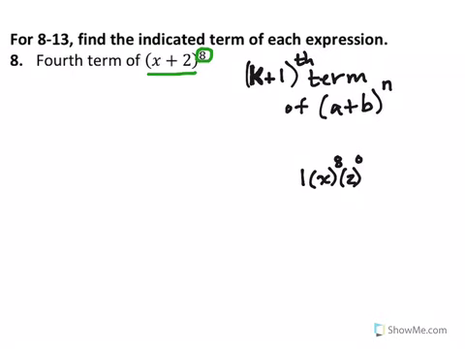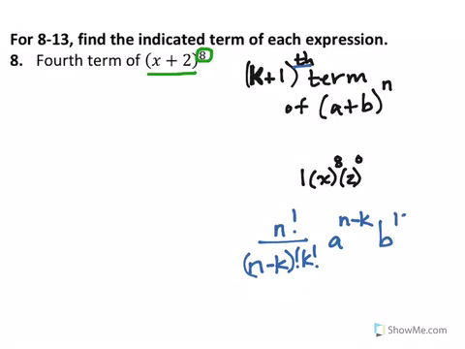The (k + 1)th term of (a + b) raised to the n is going to be n factorial over (n minus k) factorial times k factorial, times a raised to the n minus k and b raised to the k. So I can find whichever term by just plugging in numbers for n and k, depending on the term.